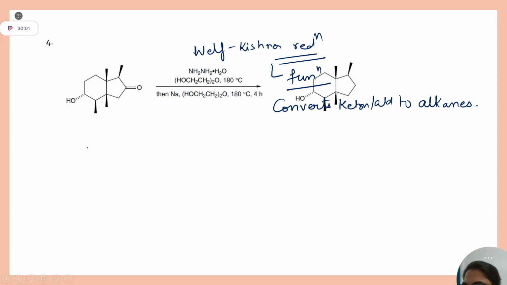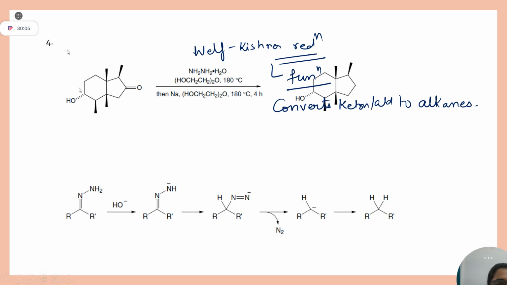Now you will ask me, ma'am, could you please tell us the mechanism? So here is the mechanism. First, hydrazine hydrate will form hydrazone on reaction of this ketone and hydrazine. It will become C double bond N-NH2. Clear? Now you know that base is there. So in presence of base, base will abstract a proton from this NH2.